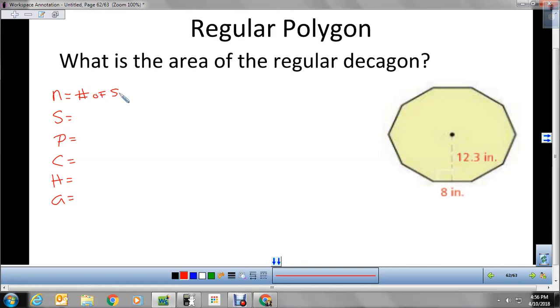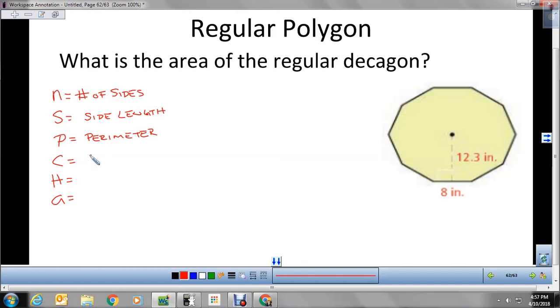The N stands for the number of sides. So the number of sides in any polygon, this is our N value. S stands for our side length. P is our perimeter. That is the perimeter of our polygon.